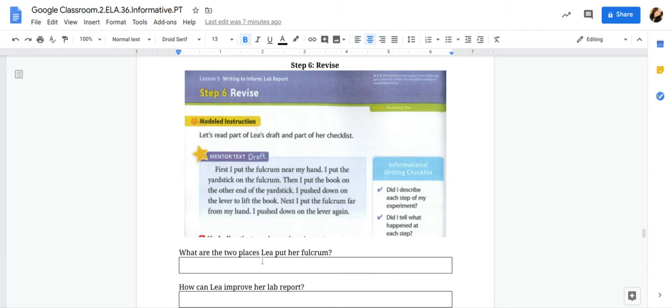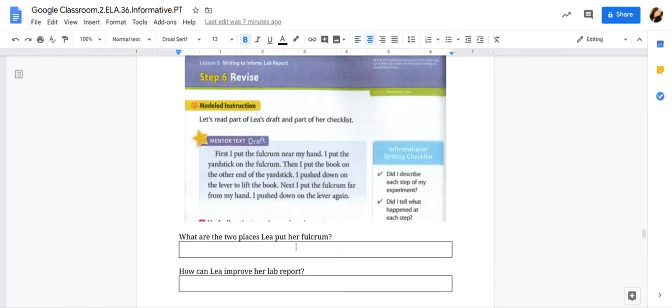What are the two places Leah put her fulcrum?